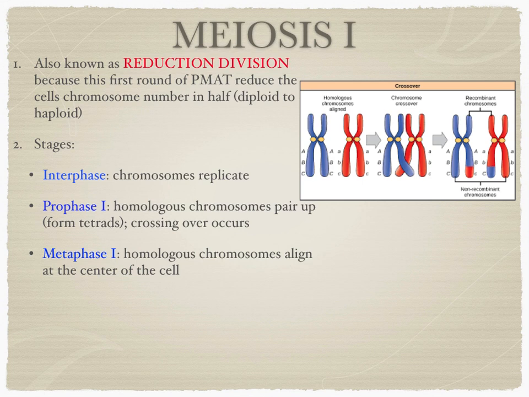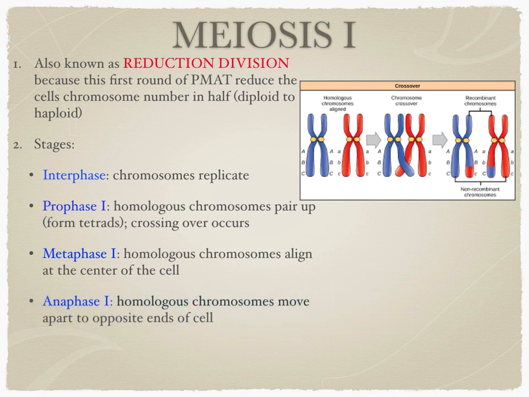Just like in mitosis, metaphase, middle: we're talking about the homologous chromosomes aligning at the center of the cell. Anaphase, A for apart. The homologous chromosomes move apart to opposite ends of the cell. And then finally, we have telophase, where cytokinesis will end, and we'll end up with 2 cells that have half the number of chromosomes that we began with in prophase.